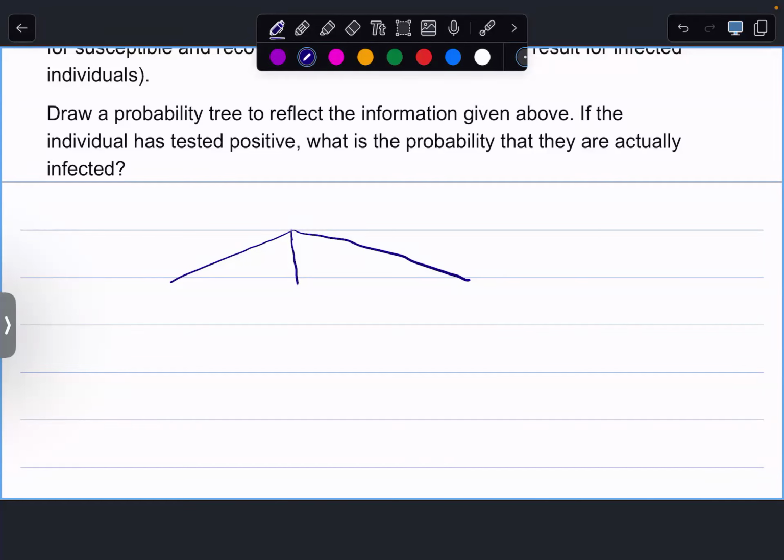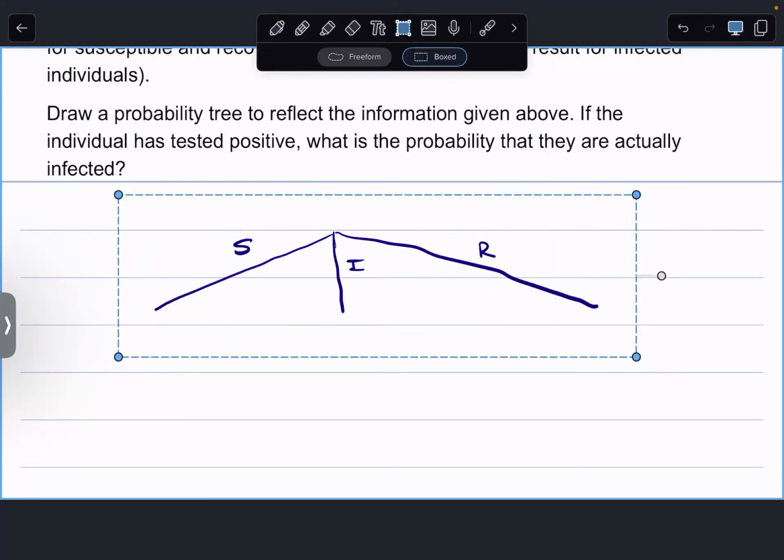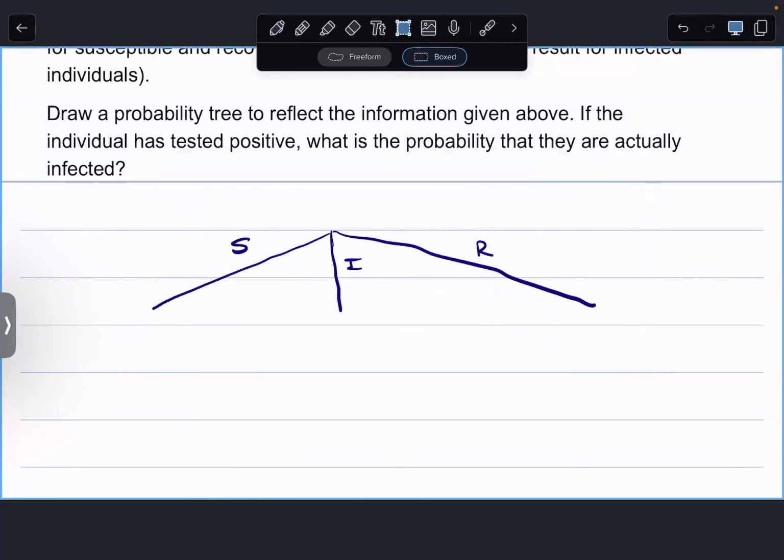Let's call it SIR, because it's the SIR model. Susceptible, infected, recovered. Maybe I'll try to make this a little bit bigger. Pretty good.